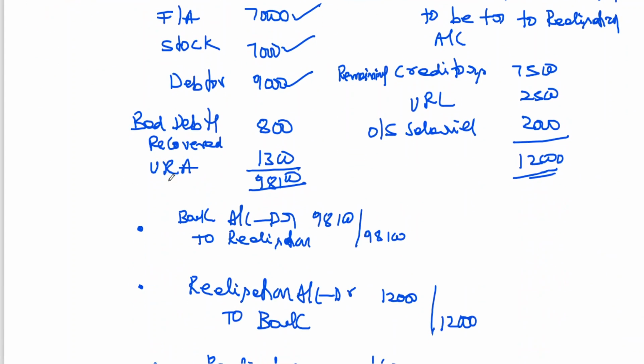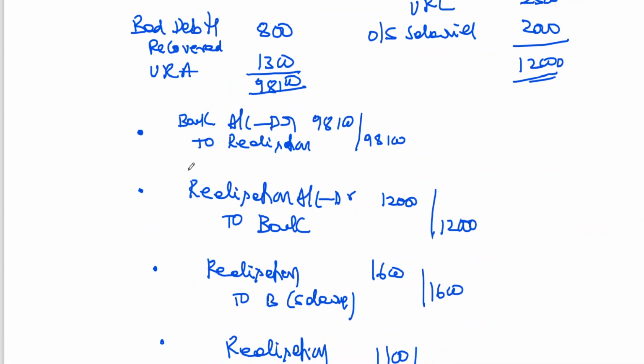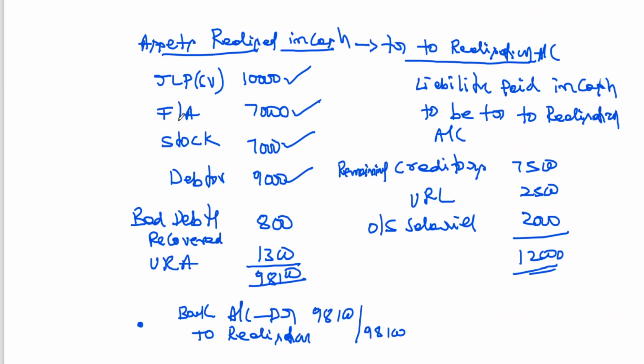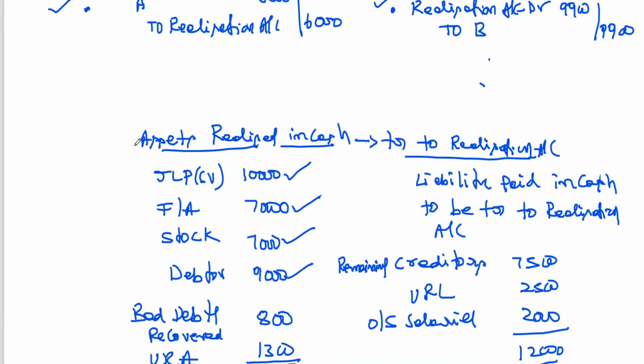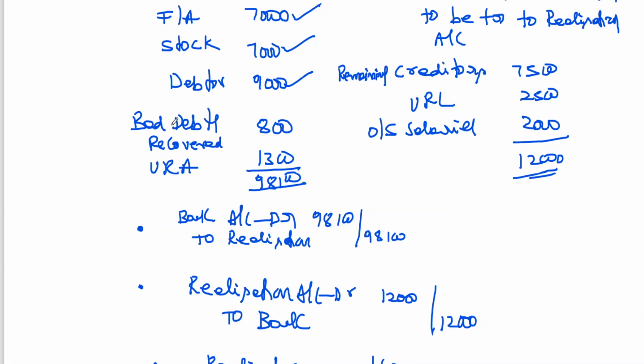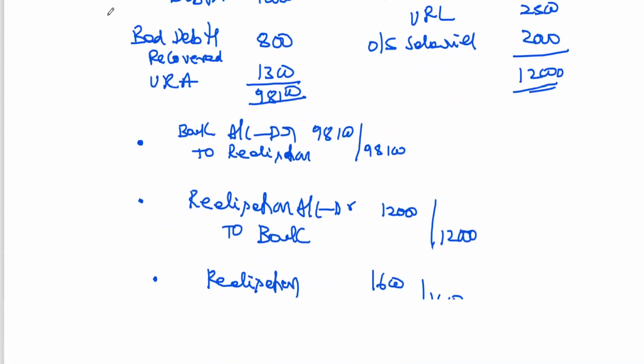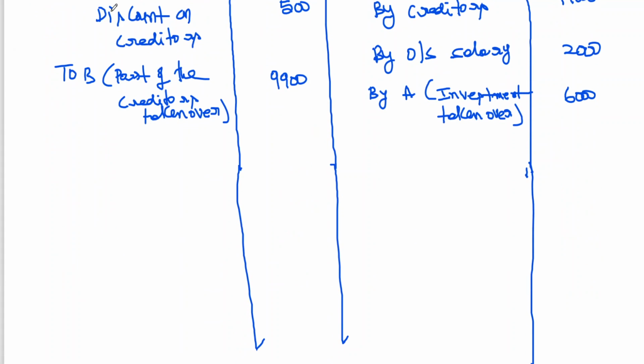Now the assets realized in cash. I've written the entry bank to realization account. Again, I need not write all those things because it has already been explained here. If you want, this tutorial note can be written as working notes also. Nothing wrong in that, but this is for you to understand. Everything I've explained. So 98,100 directly I'm writing by bank.